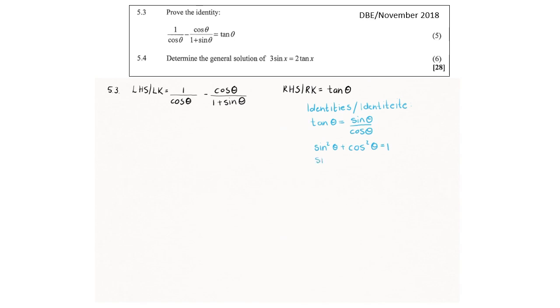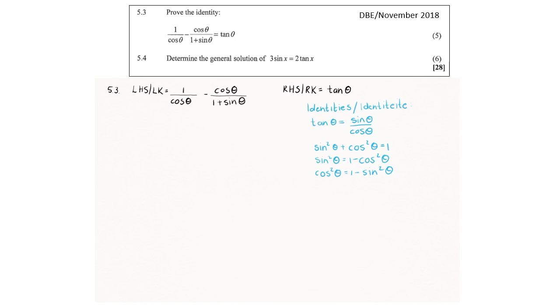And remember, this can be used in 2 other forms as well. We can make sine squared the subject of the equation, and then we have sine squared theta equals 1 minus cos squared theta, or we can make cos squared theta the subject of the identity, and then cos squared theta is equal to 1 minus sine squared theta.